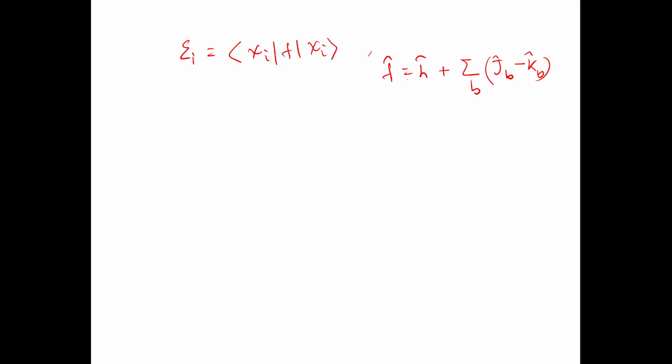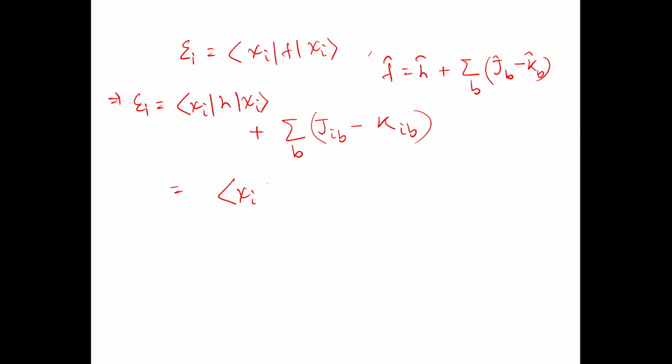Now, if you plug this Fock operator into the matrix element, you have epsilon_i equals chi_i H chi_i plus the summation over b of (J_b minus K_b) matrix element.